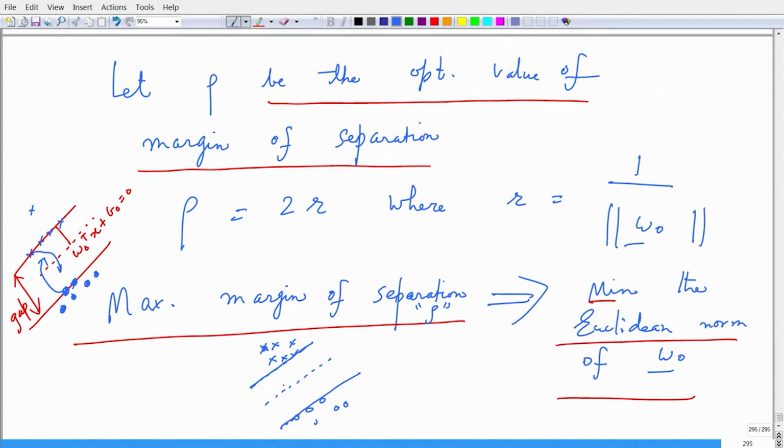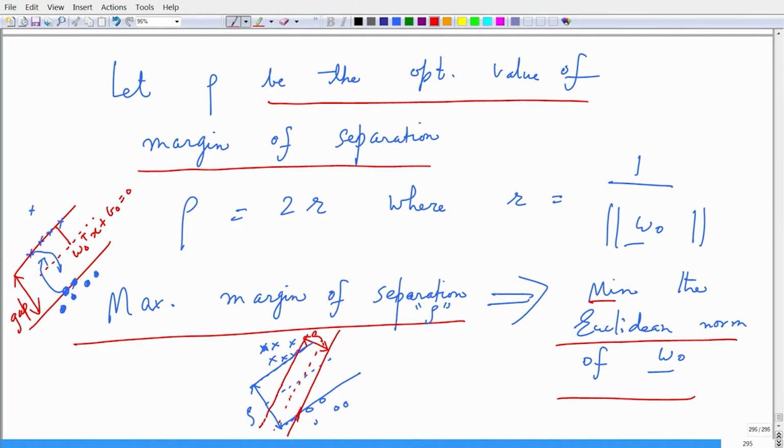This margin is rho in this case, but I can also have, I will indicate in red, possible lines like this in some orientation which can also give me the same margin rho measured in this sense, with an orientation which is slightly different, assuming that I can get linear separability with these red dotted lines.